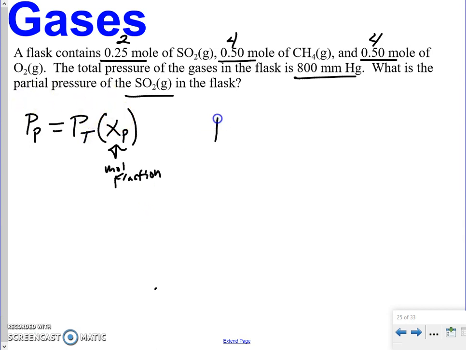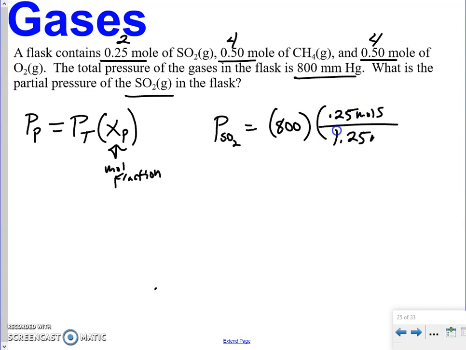So if I'm looking for the partial pressure of SO2, and I'll replace the P now with the actual substance I'm looking for, times the total pressure, which we're told is 800, times its ratio, which is going to be 0.25 moles of SO2, divided by 1.25 moles total in the system. Okay, and again, that comes from 0.5 plus 0.5 plus 0.25.